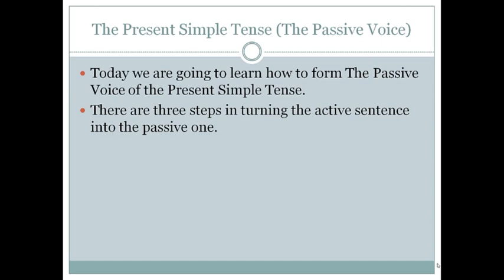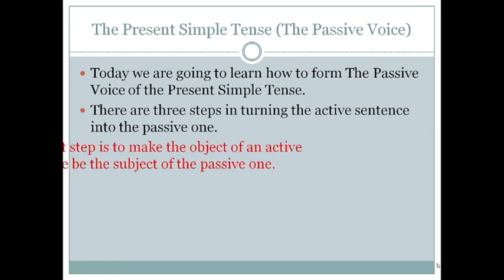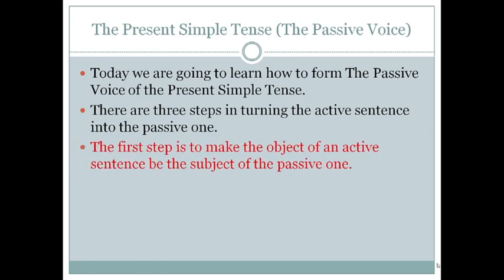So they are: the first step is to make the object of an active sentence the subject of the passive one.